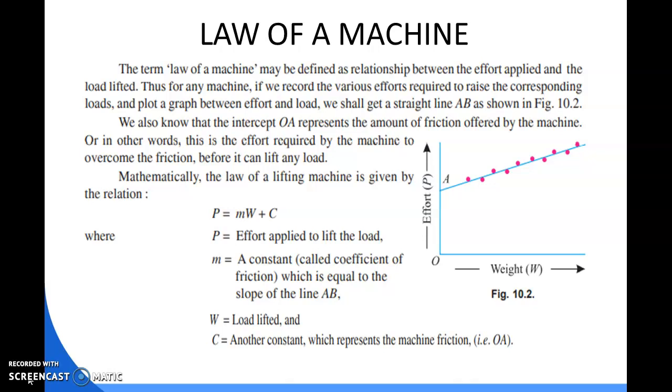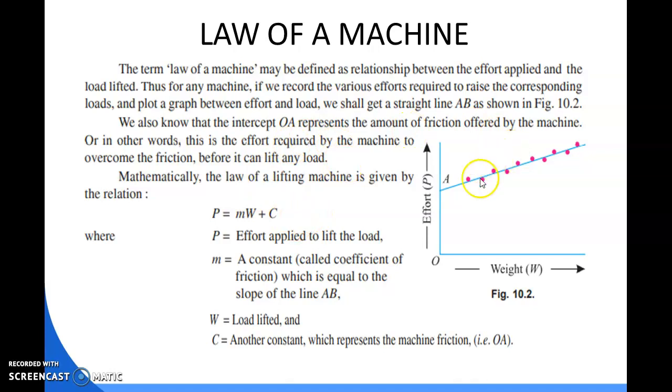For any machine, if we record the various efforts required to raise the corresponding loads, and after that plot a graph between them, we shall get a straight line AB as shown in the figure.